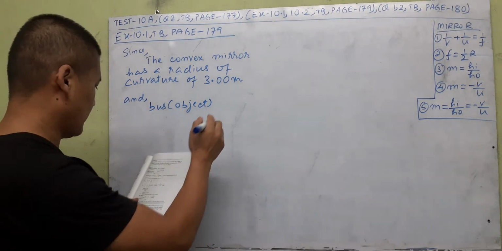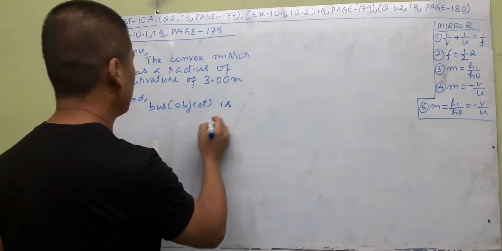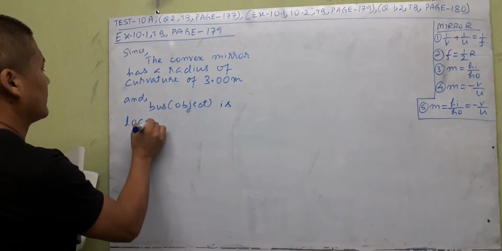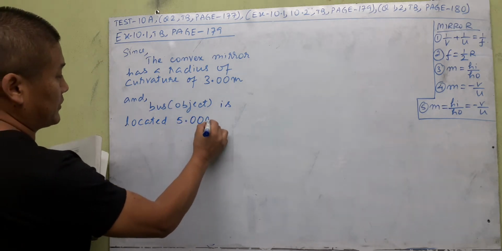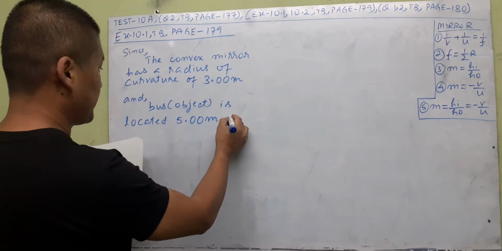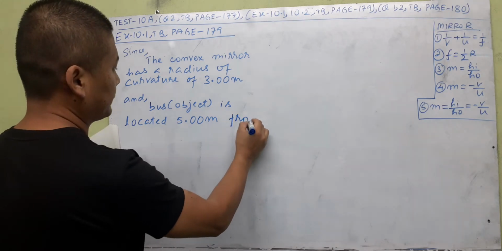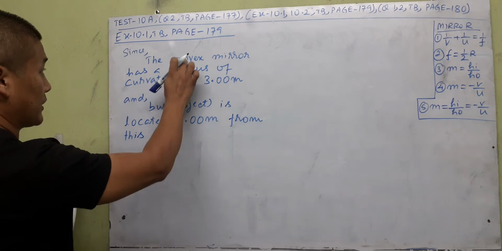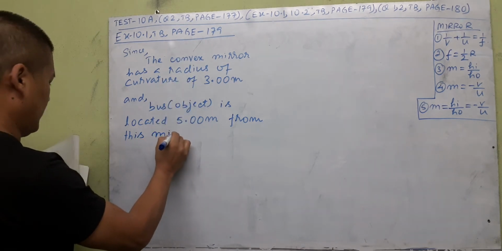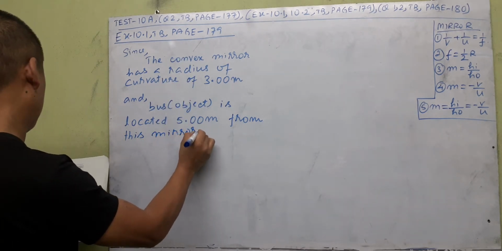Bus object is located, let's do slowly, it's quite easy if you do that, 5 meter, 5.00 means 5 meter only, from this mirror, that means the mirror of the car in front, this one convex. So this much information is given to us.